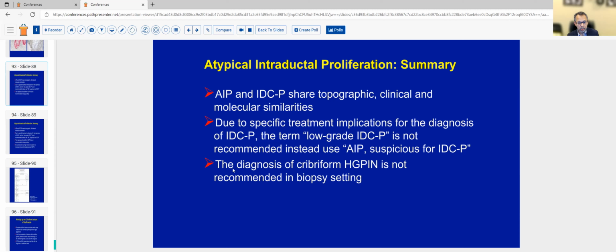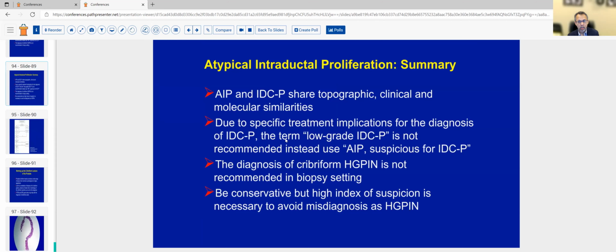But at the same time, because of this similarity with intraductal carcinoma on many fronts, the diagnosis of cribriform high-grade PIN is not recommended in a biopsy setting, as some of these lesions could potentially represent intraductal carcinoma. Finally, be conservative, but a high index of suspicion is necessary to avoid misdiagnosis as high-grade PIN.